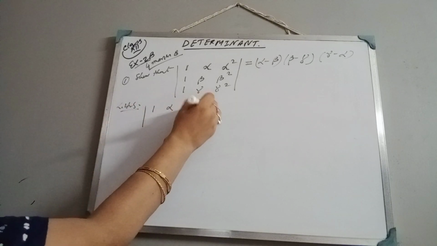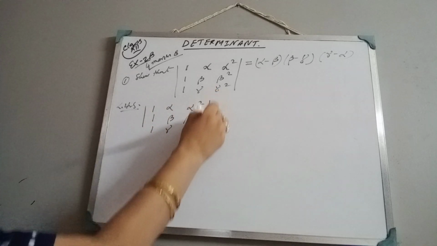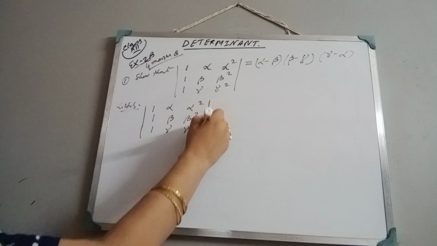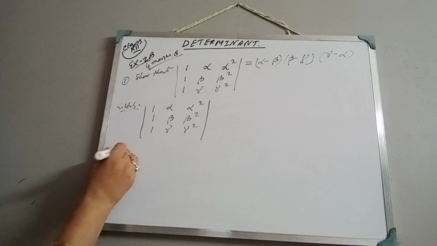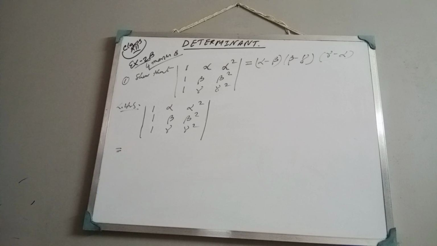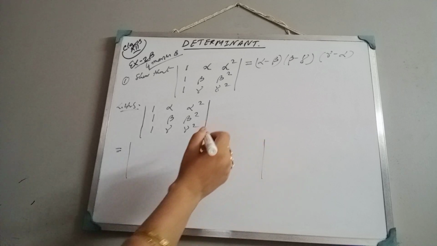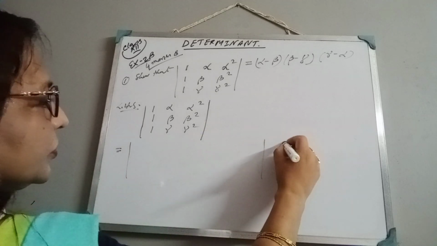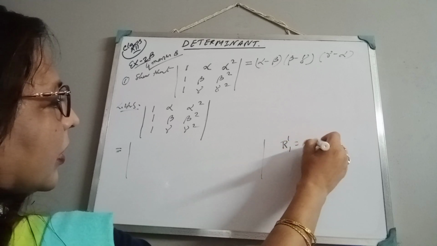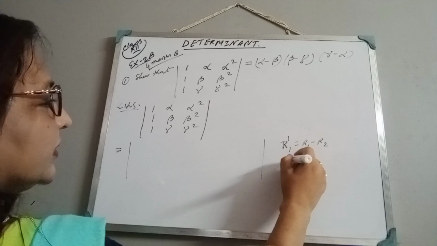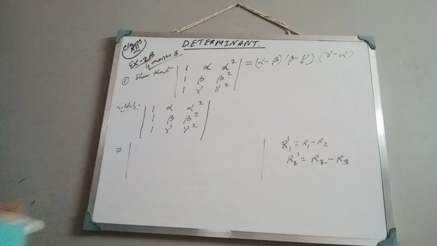1, alpha, alpha square; 1, beta, beta square; 1, gamma, gamma square. Now let us do R1 dash equals R1 minus R2 and R2 dash equals R2 minus R3.